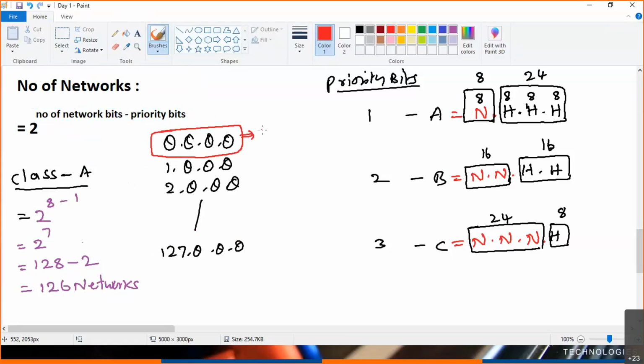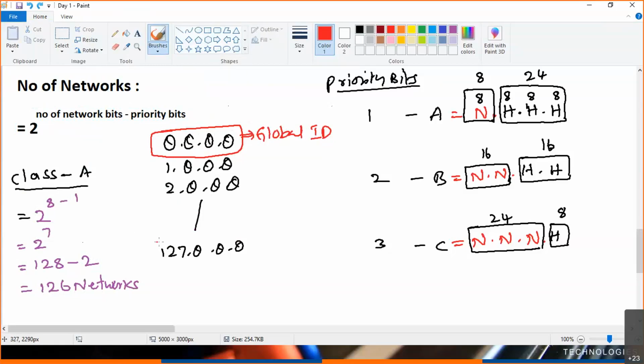It is a global ID. Global identification: all 4.3 billion IP addresses are identified by this ID, 0.0.0.0, which indicates 4.3 billion IPs. This is just for identification purpose only. That is not a usable address.